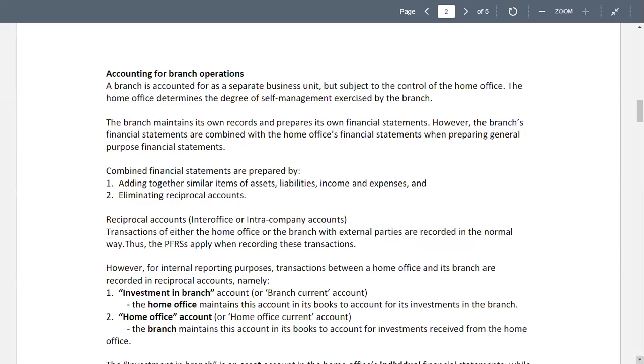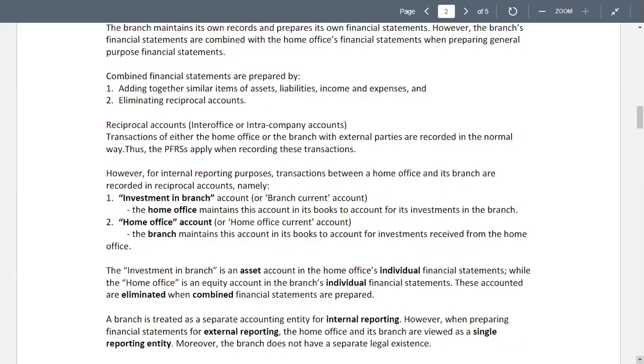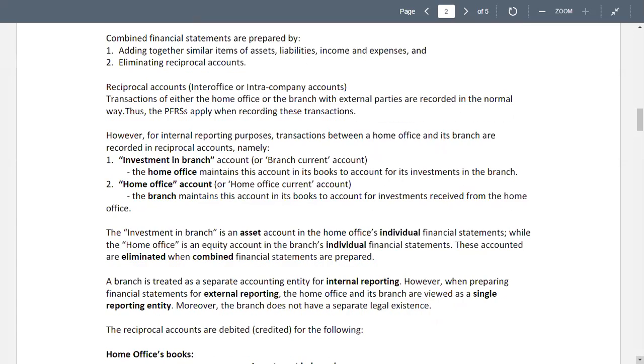So it's a credit. Now, the investment in branch is an asset account in the home office individual financial statements, while the home office account is an equity account in the branch individual financial statements. These are eliminated when combined financial statements are prepared.